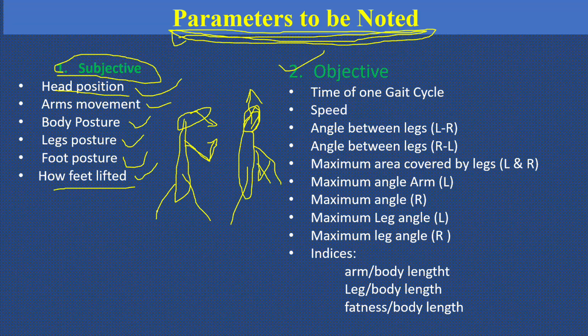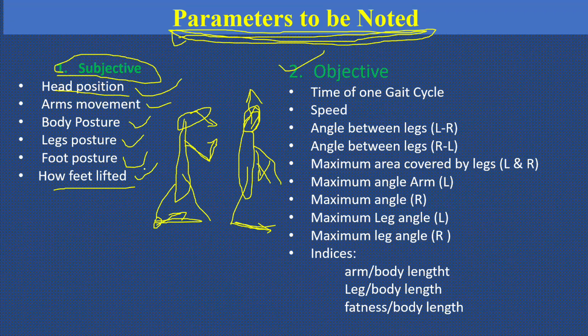This is also important. One person always lifts the foot in an upward direction, and another may move it horizontally. So these are subjective, but important parameters which help further enhance the confidence level or help in forming a positive opinion.